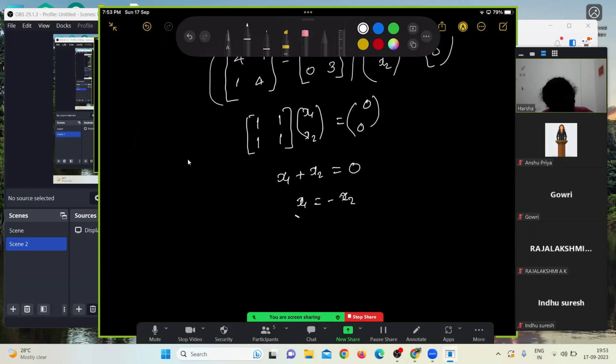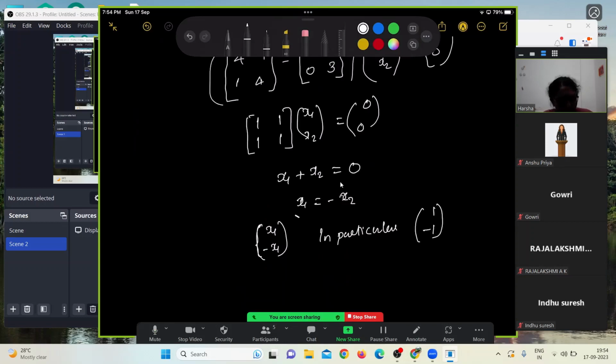So the eigenvector will be in the form x1 minus x1, so x2 is minus x1. In particular, if I give a value 1, then 1 minus 1 I will get as an eigenvector. You can just check this 1 minus 1 in the above.